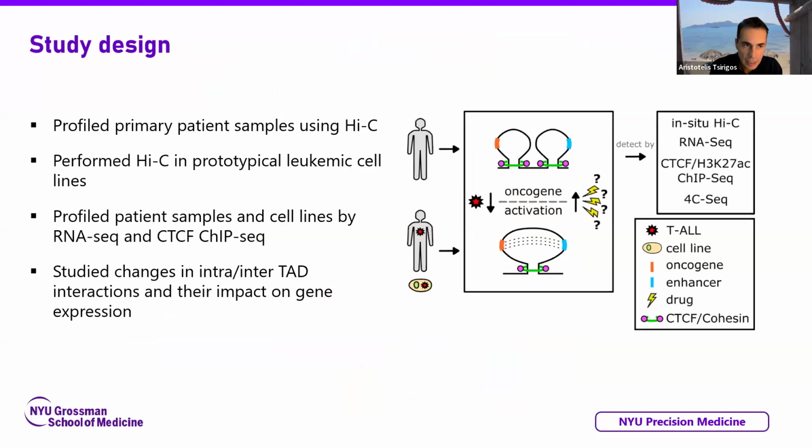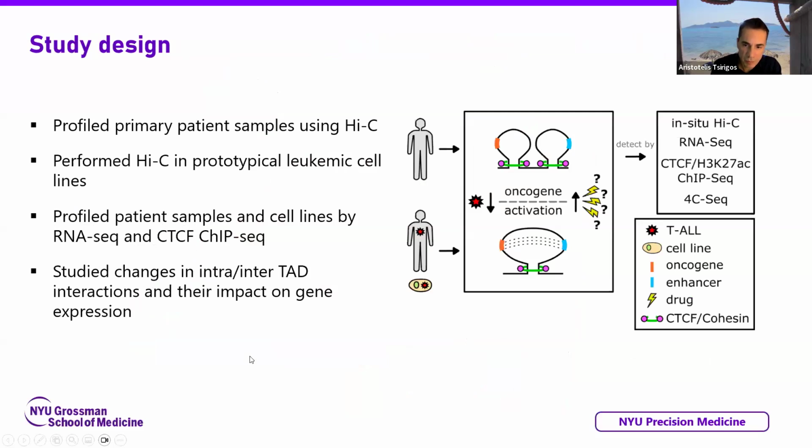So the study design was very simple. We profiled patient samples using the technique Hi-C to map chromatin organization on a genome-wide scale. At the same time, we used Hi-C to profile leukemic cell lines, so we can do in vitro testing in the lab. But we also used more typical genomic assays like RNA-seq and also ChIP-seq for CTCF.